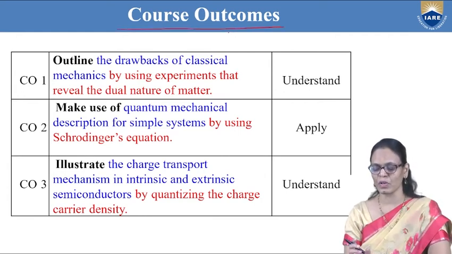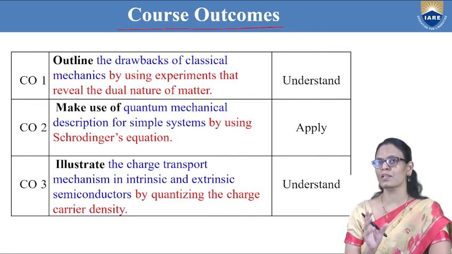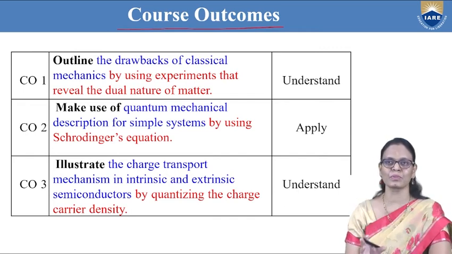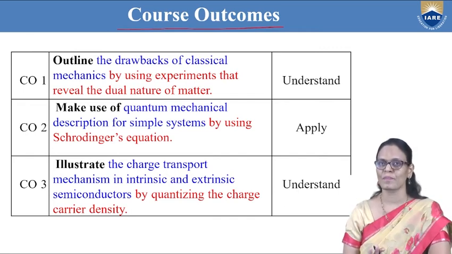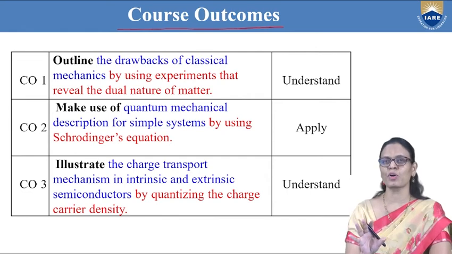As I clearly told you, the outcome tells us what the student is going to be able to do at the end of the course. Now we have 5 different modules. For 5 modules, we have 10 course outcomes, 2 for each module.